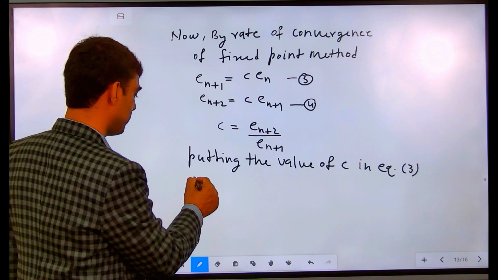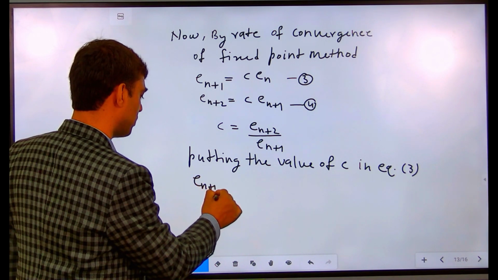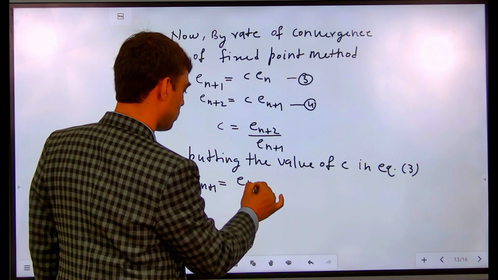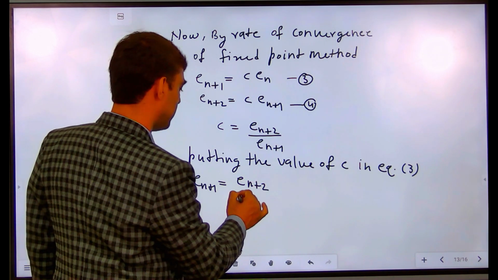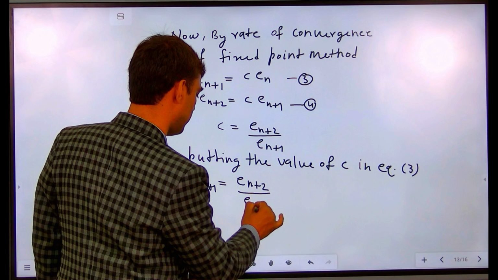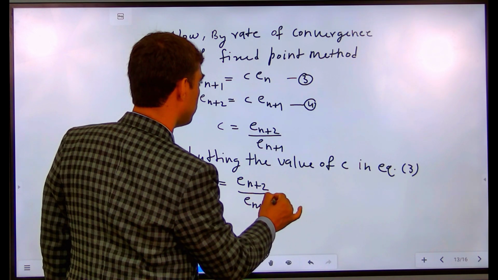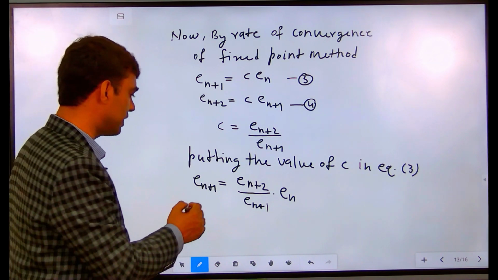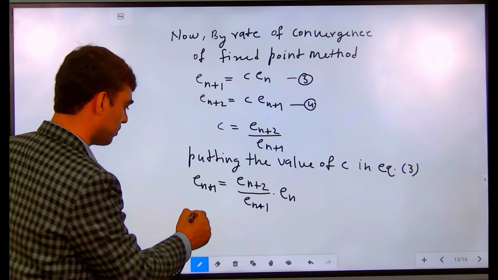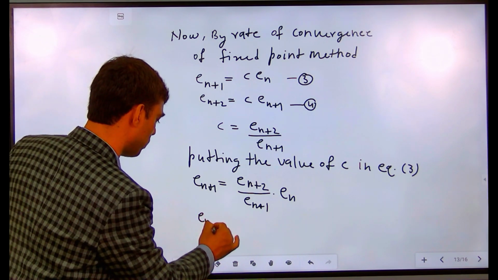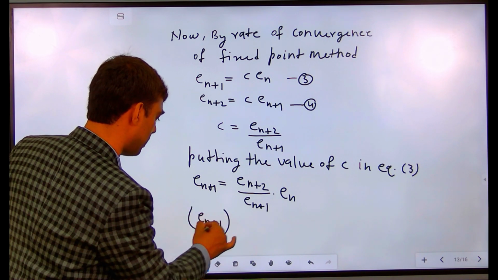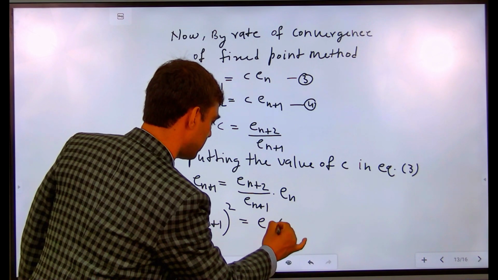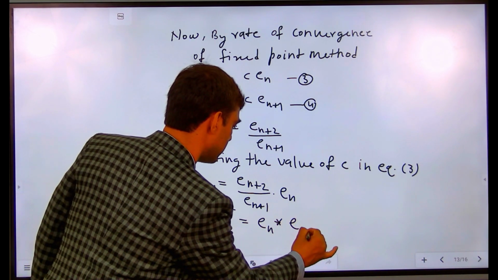En plus 1 equals C, which means (En plus 2) divided by (En plus 1), into En. After simplification of this one, this becomes (En plus 1) whole square equals En into (En plus 2).